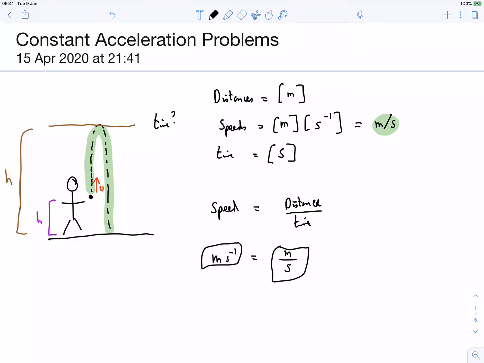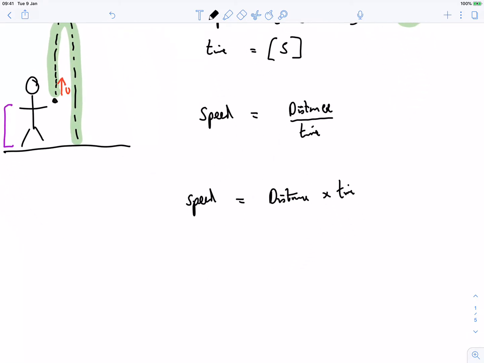That has to work. If somebody tells you, oh, it's easy, speed is just the same as distance times by time, how can you tell that person's wrong? Well, speed is meters per second, and distance times time is meters times seconds, if I was to look at the dimensions.